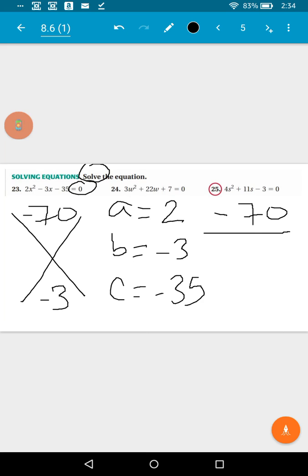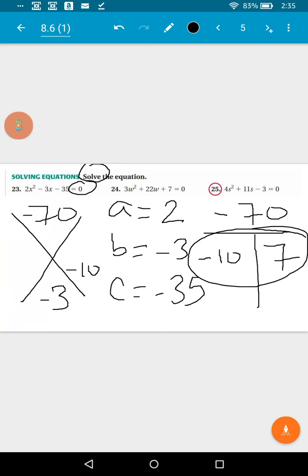Okay, I already see it. 10 times 7, right? 10 times 7 is 70. I need to make one of these negative in order to get -70. I'm going to make 10 negative because -10 plus 7 is -3. So I'm going to have -10 over here and +7 here.